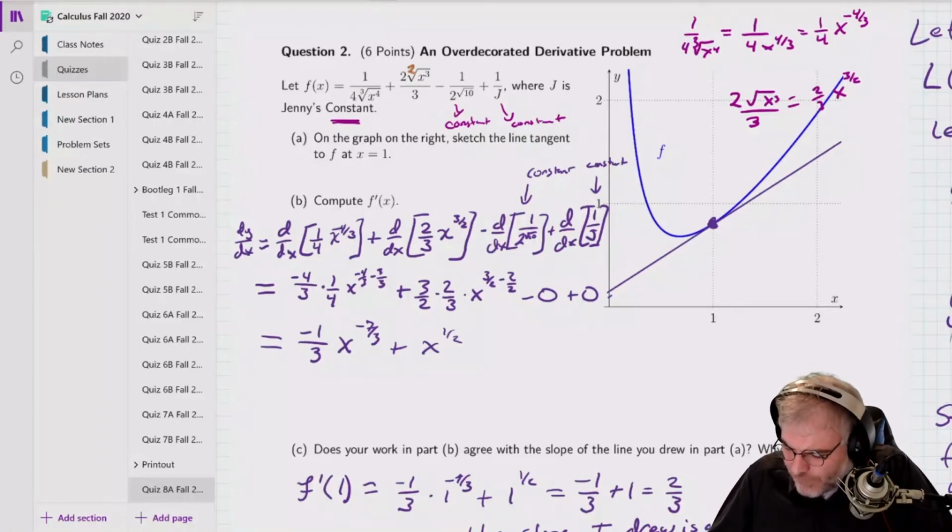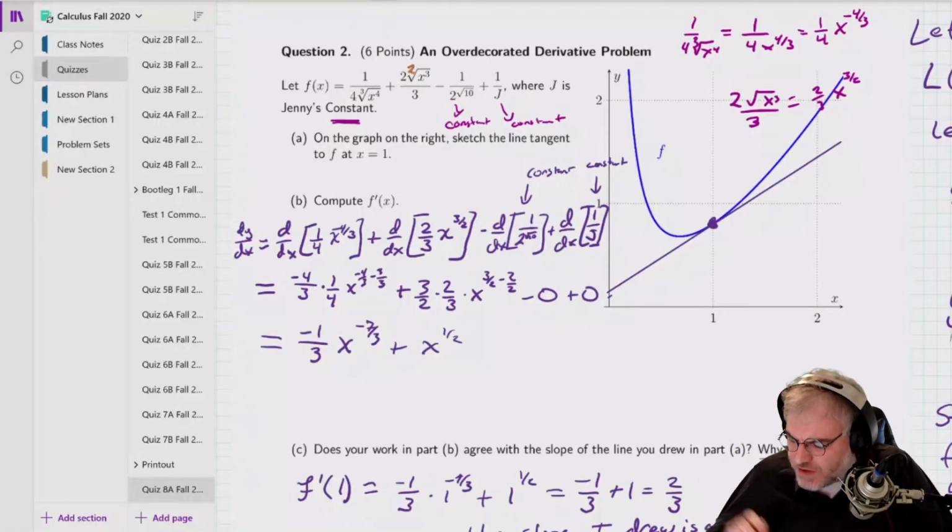So I've got negative 4 over 3 times 1/4 x to the negative 4/3 minus 3 over 3. That is the minus 1. Plus 3/2 times 2/3 times x to the 3/2 minus 2 over 2. Minus 0 minus 0.